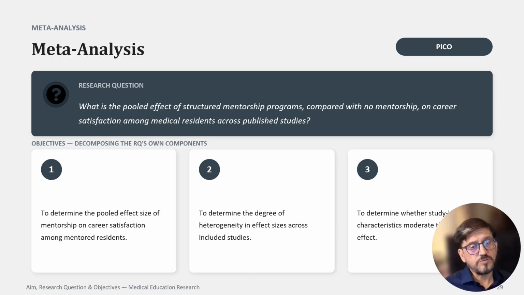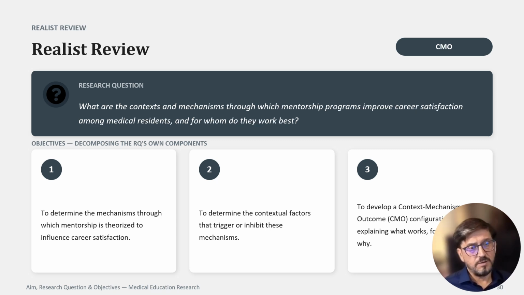So till now, I've shown you examples of many different designs, and you can appreciate what the difference is between these different research designs. If you want to do something different, which is a realist review, the research question is about what are the context and mechanisms through which mentorship programs improve career satisfaction among medical residents, and for whom do they work best.